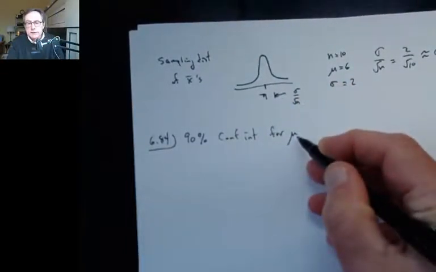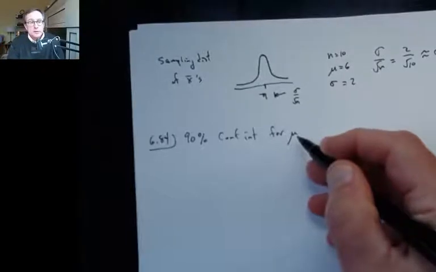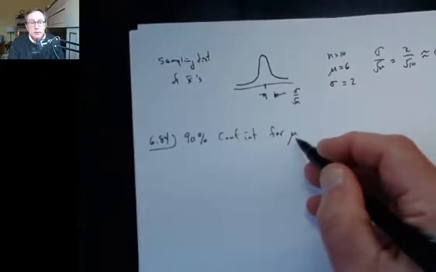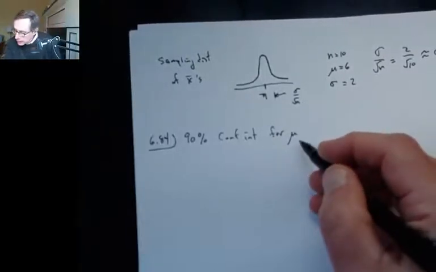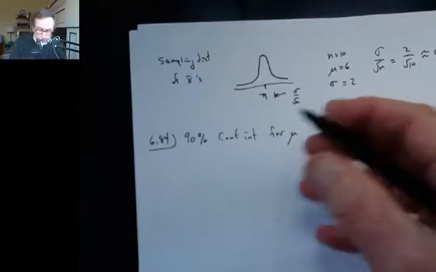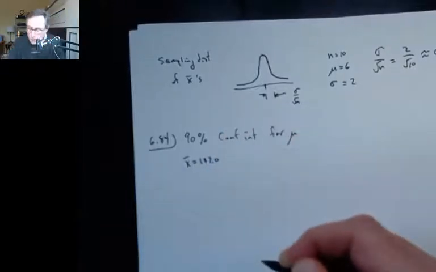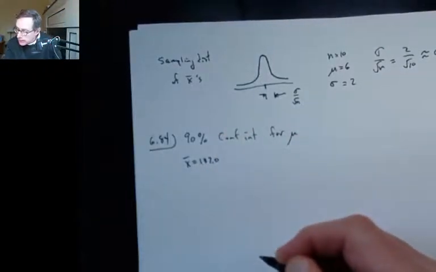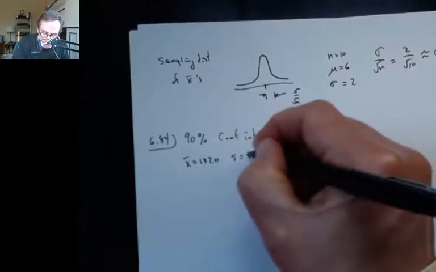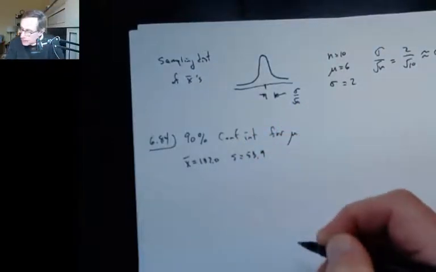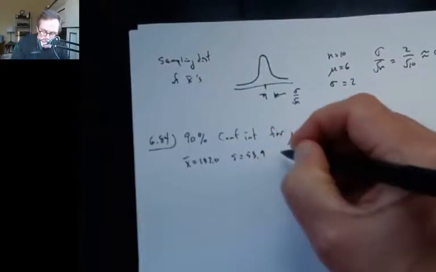That's why we're in section 6.2, because we're worried about means. In section 6.1 we were worried about proportions. Here we're worried about means. Okay, then it says X bar is 137. S is 53.9. And N is 50.